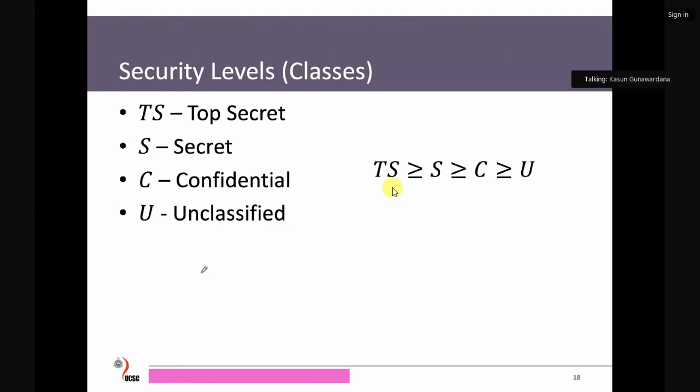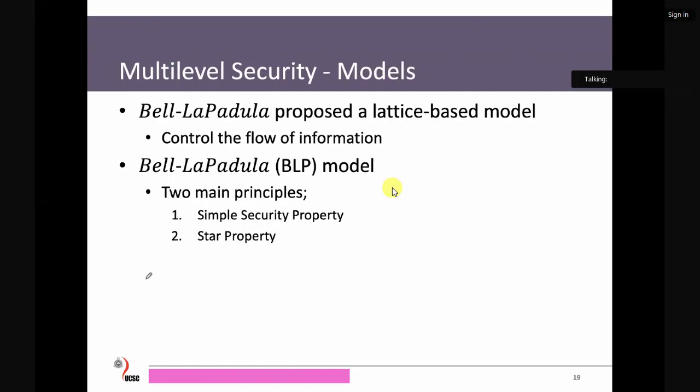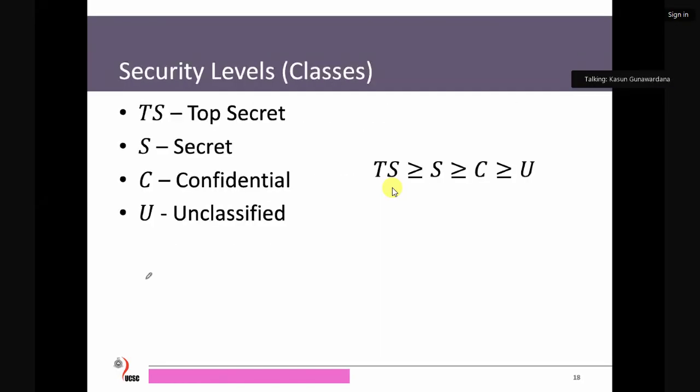So let's assume a typical set of security levels as an example. Throughout this lesson, we will be using these security levels as a sample.